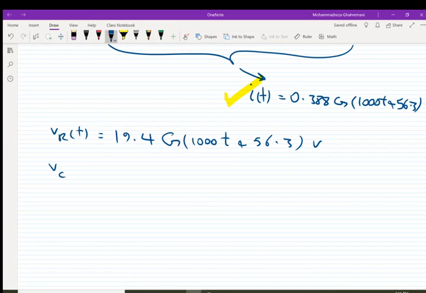VC of t is equal to, let me just find it the other way.